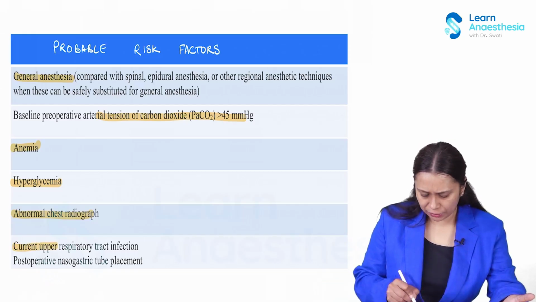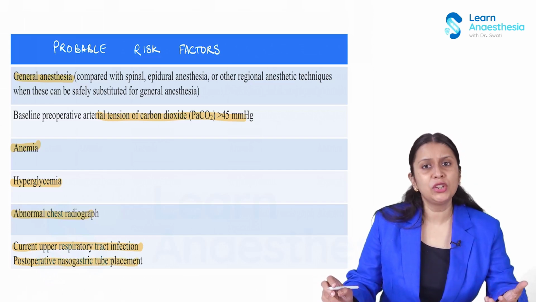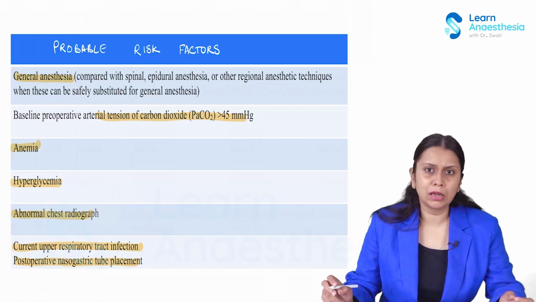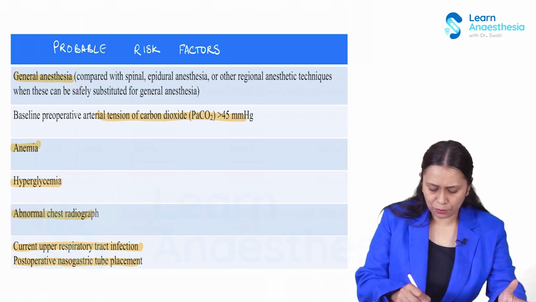And current upper respiratory tract infection and post-operative nasogastric tube placement. If they require post-op nasogastric tube placement, that is, the patient is posted for abdominal surgery in which gut handling has been done, and definitely they will need a nasogastric tube. So nasogastric tube in the post-op period increases the risk of perioperative pulmonary complication. So these are the probable risk factors.